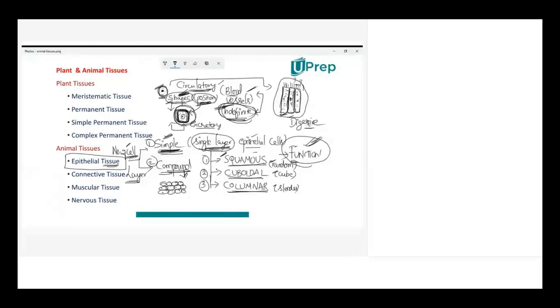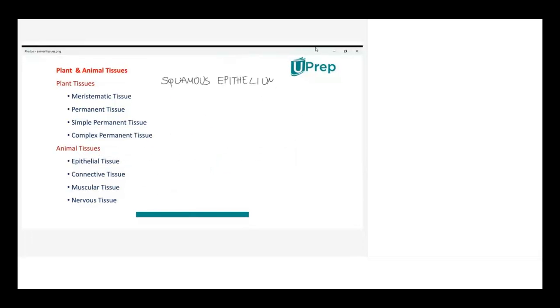Other than that, why did the terminology squamous, cuboidal, columnar come? That's the first point you have to understand: it is based on shape and position. And the epithelial cell shape changes based on position in order to perform a particular function efficiently.